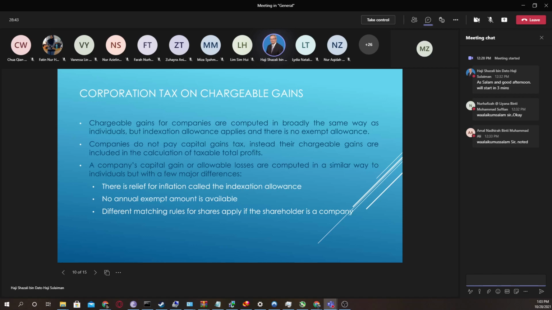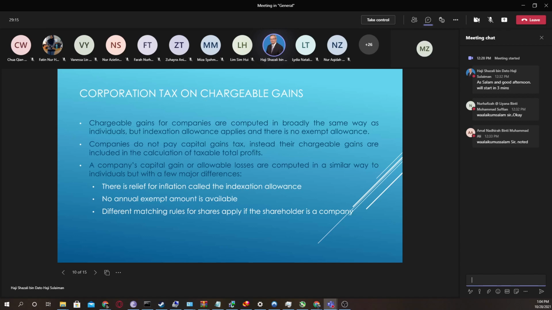In Brunei we use the retail price index or the consumer price index, I think in Brunei we call it CPI, consumer price index. When you take into account inflation, the $2 could be maybe $2.20. So your cost base increases because of inflation. That's what the indexation allowance is, to take into account inflation over the period of time.